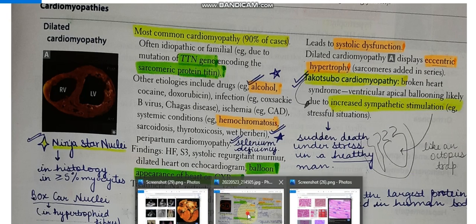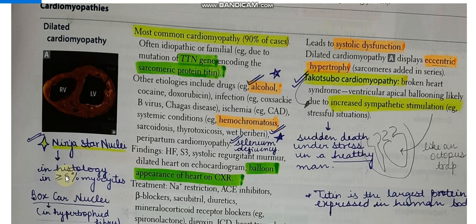Right? So we have the ninja star nuclei in histology in more than 5% of the myocytes. Then we can label it as dilated cardiomyopathy. And the second thing is the boxcar nuclei that is seen in the hypertrophied fibers.